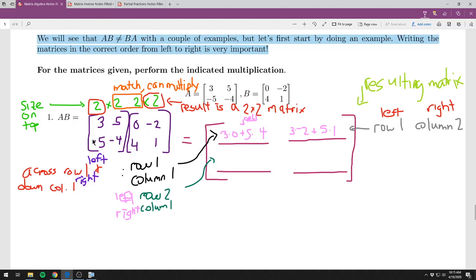Start at the left in the top. We got -5 times 0. Then we add. We always add. Don't worry about if there's minus signs. Then we go across row 2, -4 times 4, down column 1. So we got -5 times 0 plus -4 times 4.